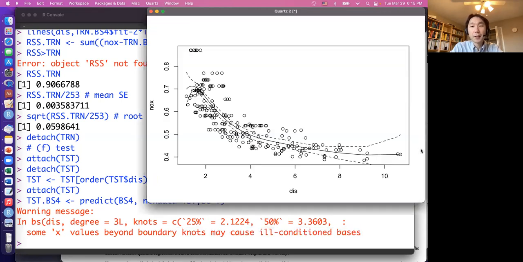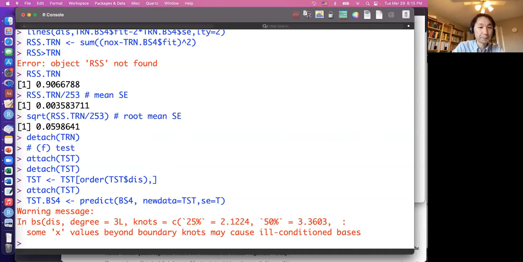So basically we fit the lines, but maybe some observations are out of this range. They may be smaller than this value or larger than this value. That typically changes the behavior of the observations, so maybe the fitted curve may not be good enough. But anyway, it's not an error, so that should be fine. But at least you have to be careful about interpretation.